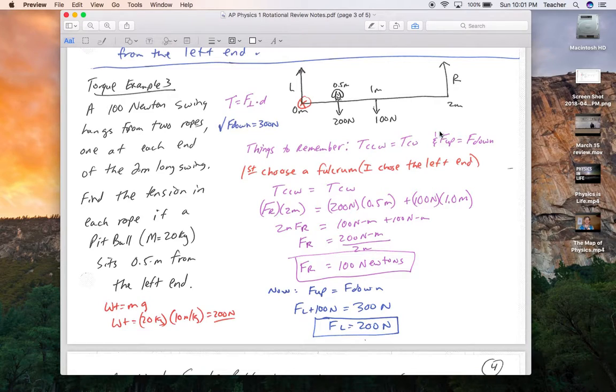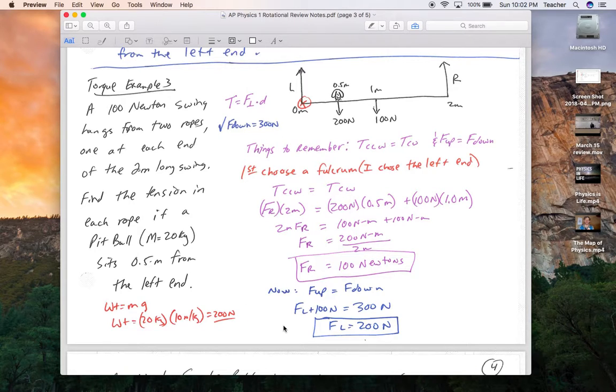Now, I could solve for the force of the left rope by moving my fulcrum to the right edge and doing similar equations again. All my measurements, however, would be from the right side to where the forces are, including the force of the left rope. Or I could get kind of smart and realize that in translational equilibrium, the force up is equal to the force down. 200 plus 100 is 300 newtons.